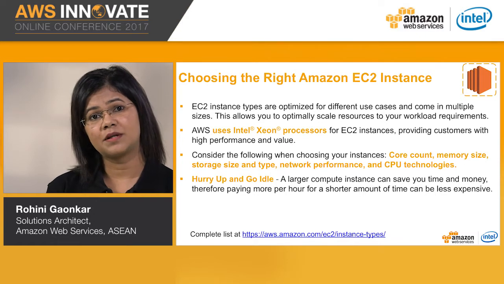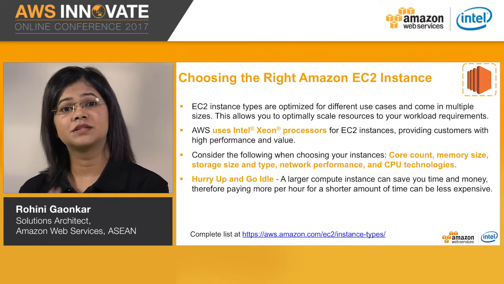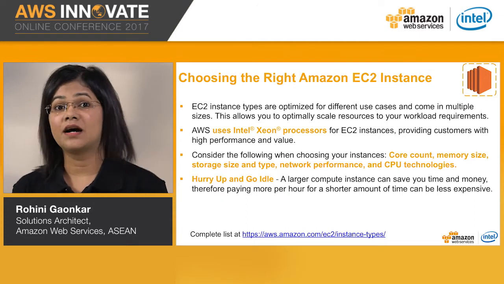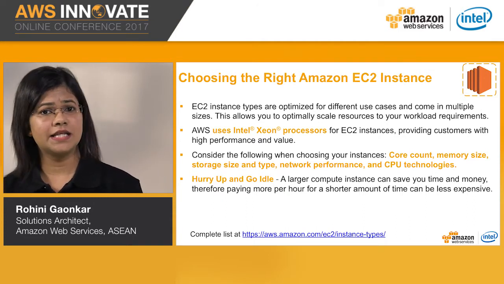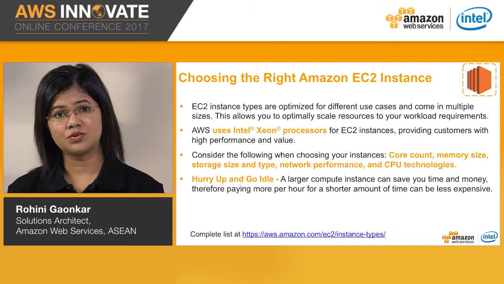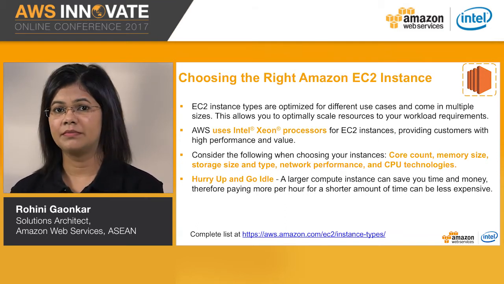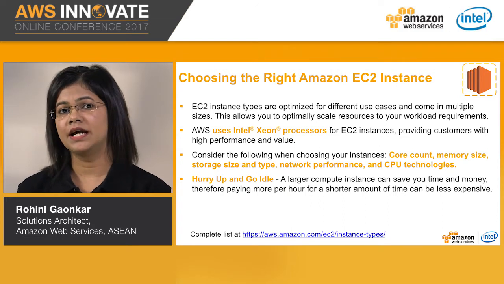There are families optimized for general purpose, burst performance, compute, memory, GPU, storage, and I/O. Within an EC2 family, you can choose from different sizes. For example, micro, small, medium, large, extra large, and 2 extra large.